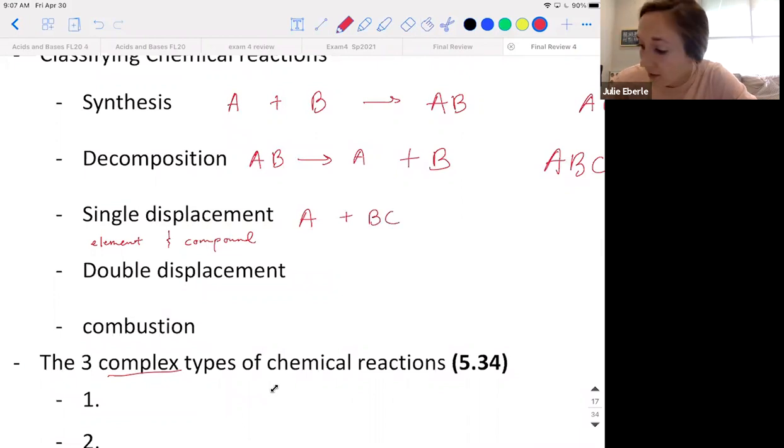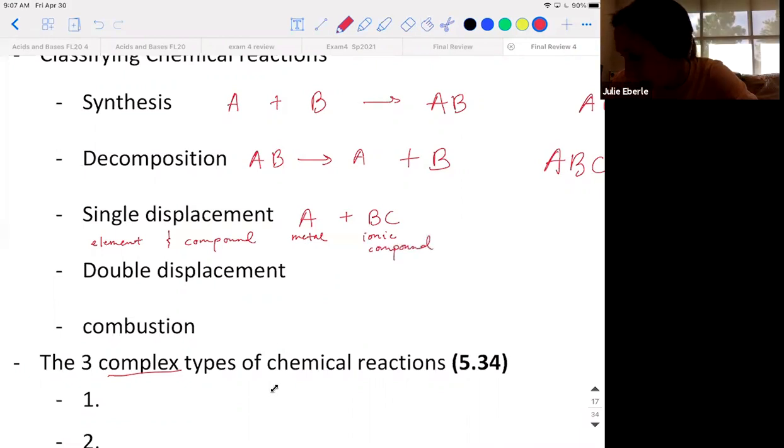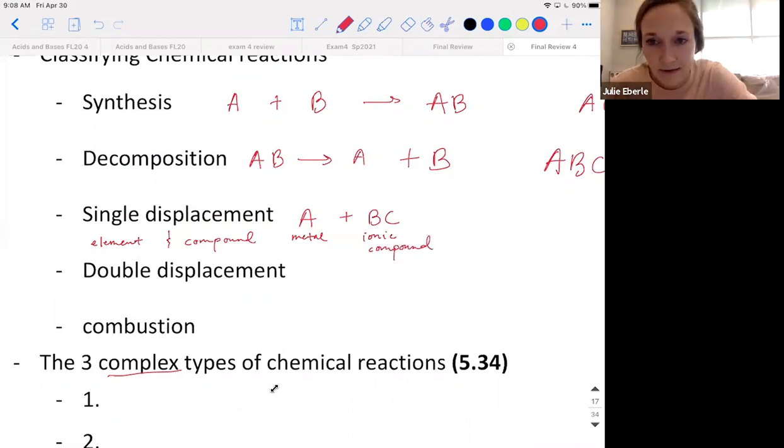Now, if element A is a metal, we know metals form cations, right? So which portion of BC would it displace? Well, it is an ionic compound. The metal will displace the cation, which is going to be B. We always write cations first. That would be the plus and that would be the minus.